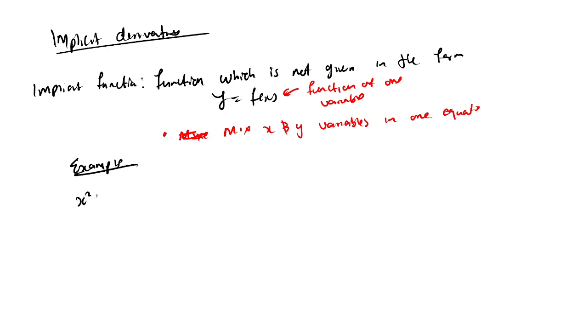We're talking about x squared plus y squared, which is equal to 7, for example. And then we can also think of something more complicated: x squared sine of y plus y squared cos of x, which is equal to x plus y. We call these implicit functions.